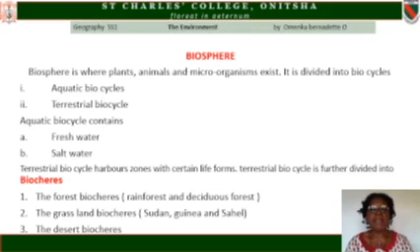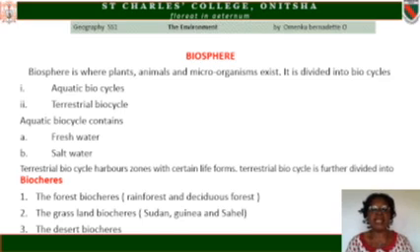This aquatic biocycle contains fresh water. Fresh water is found within that swampy area. We have the fresh water. The second one, which is B, is salt water. The salt water is from the swampy area.